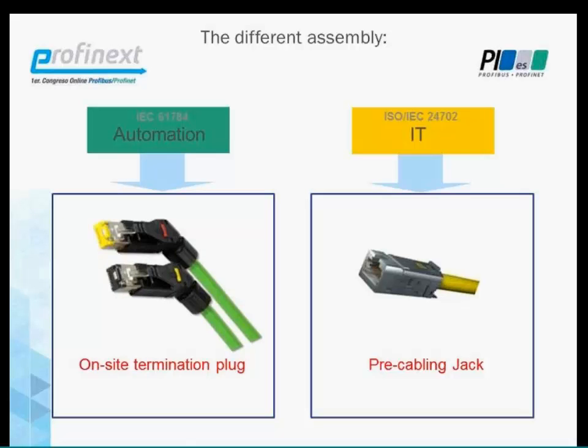And if you look at the automation end-to-end link cabling, you need the connector directly on the device side. And which connector do you plug into the device? Of course, it is a plug, and you plug this into the device, and so there you need an on-site termination plug.